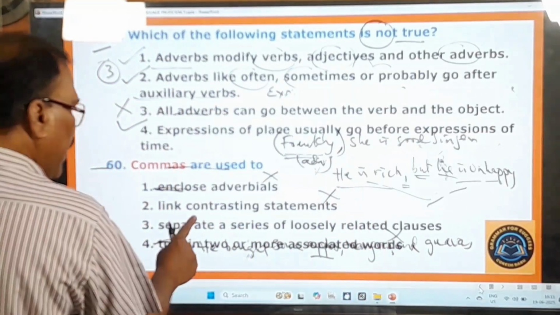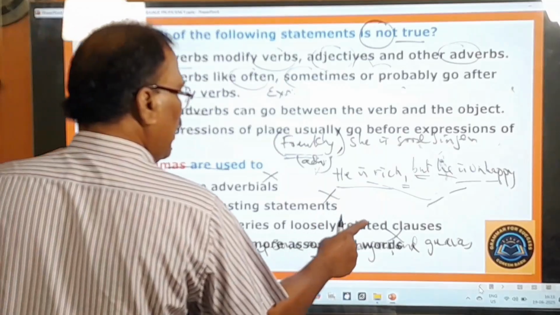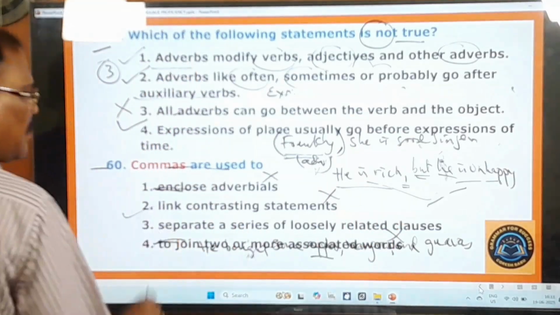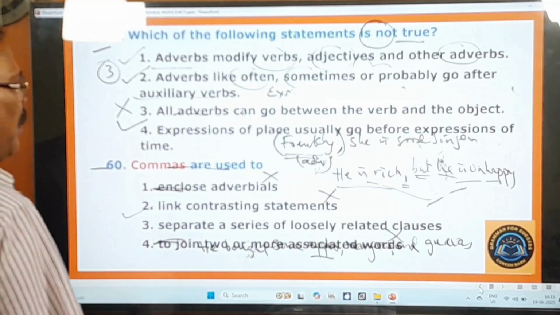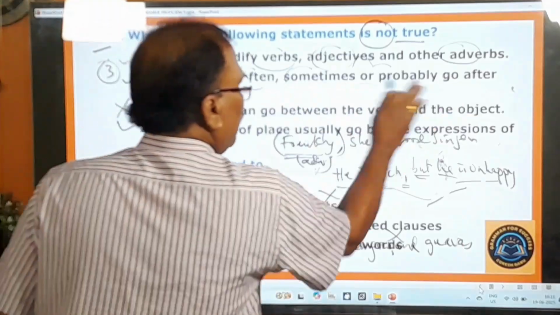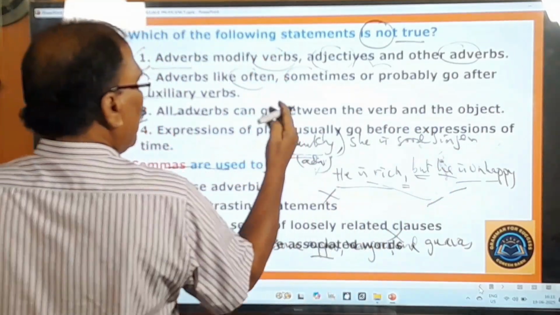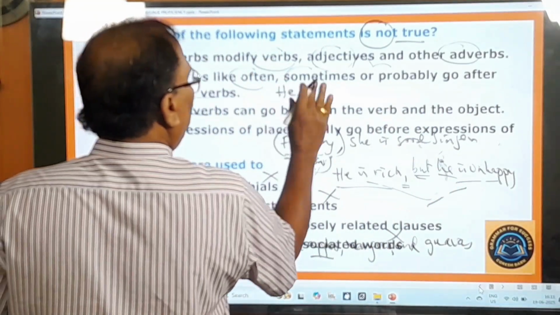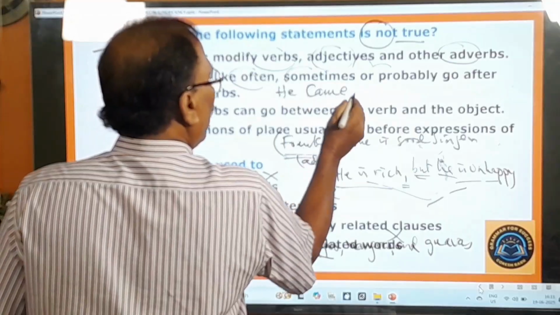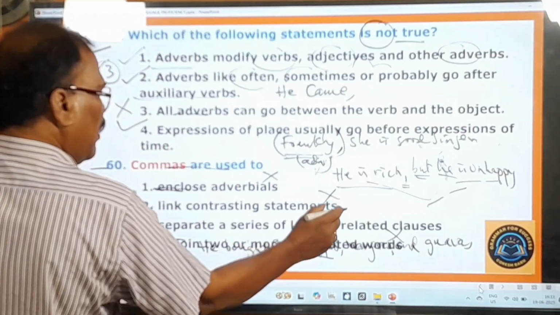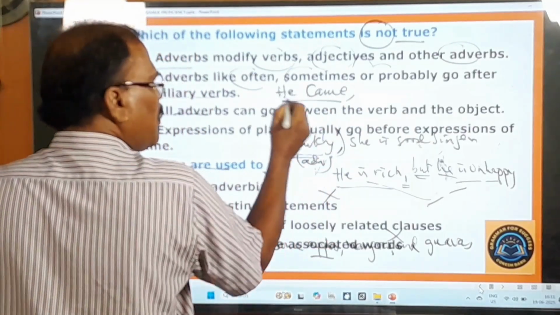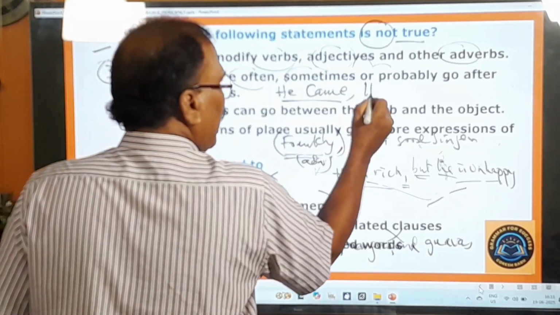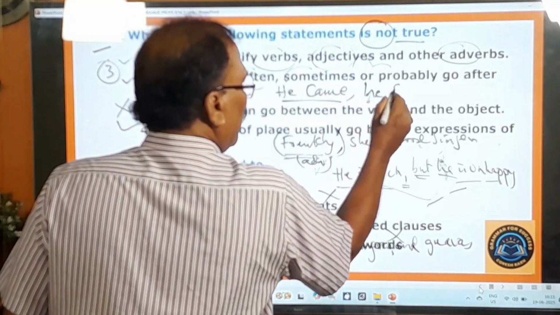But here see, separate a series of loosely related clauses. So this is correct. Let me give you one example here, please pay attention to this. He came. It's one loosely connected clause. Clause means subject plus verb.